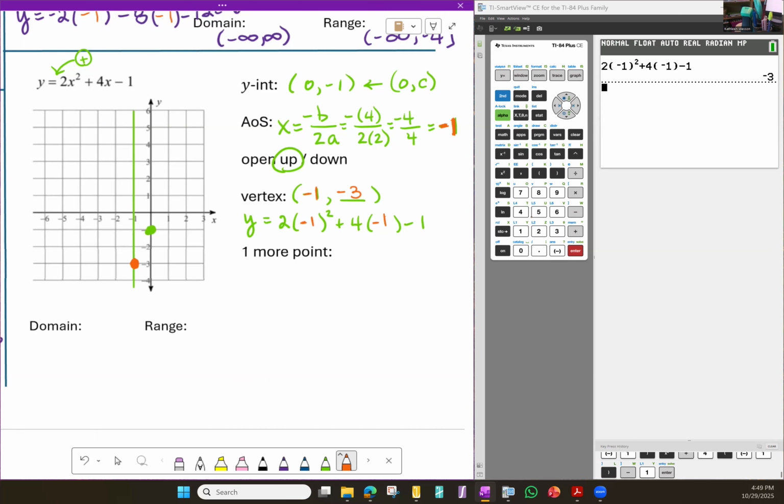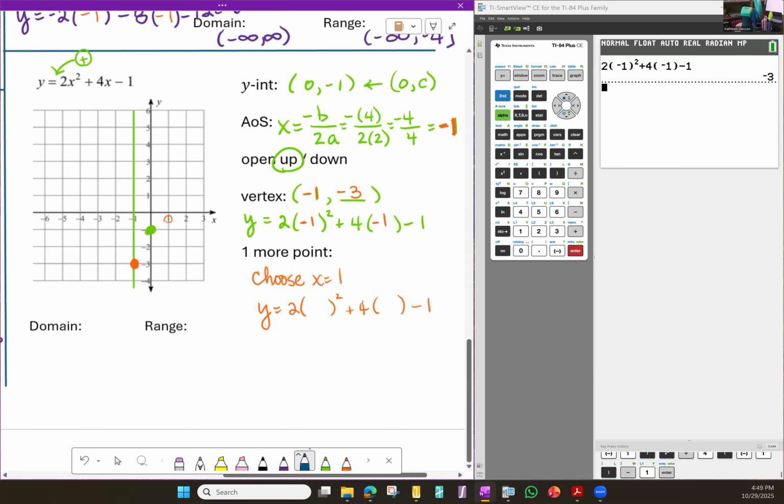I'll choose another x. X is 1. So I can substitute into the same equation. Y equals 2, make a place to substitute, plus 4, substitute again, minus 1.